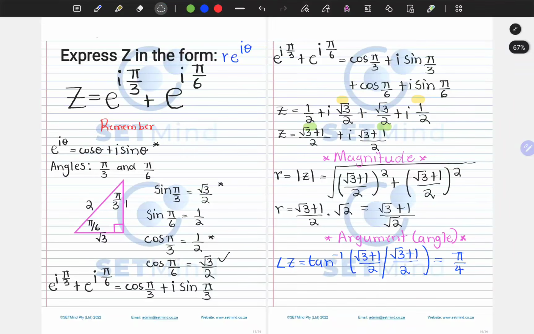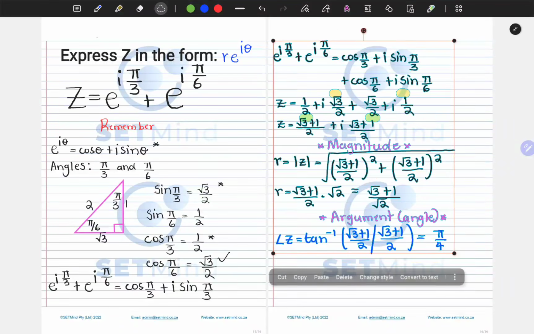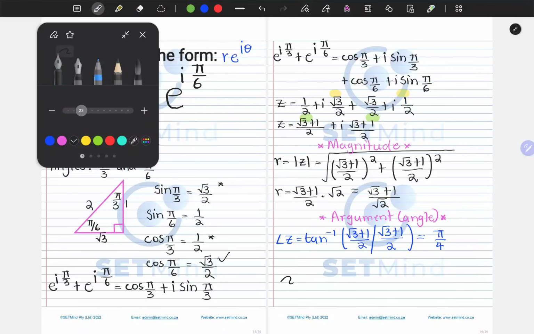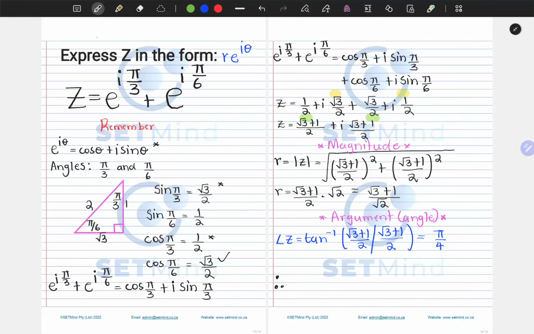What does this mean? Well, let's finalize our answer on this page. This means that we can now write our z, because we have our magnitude.